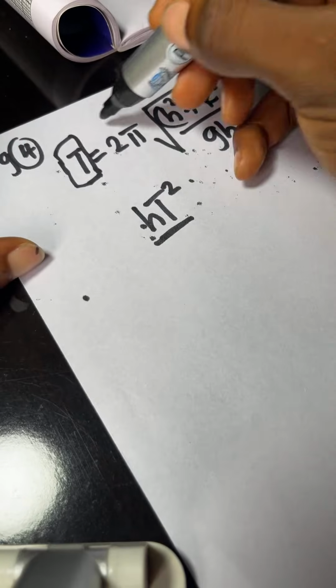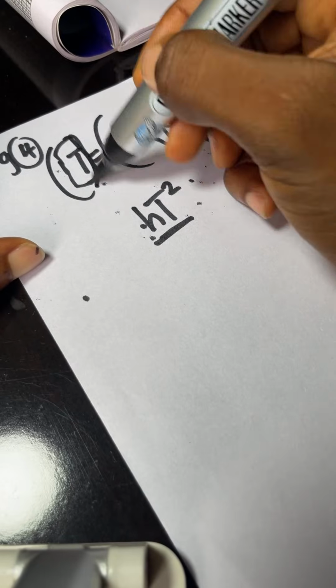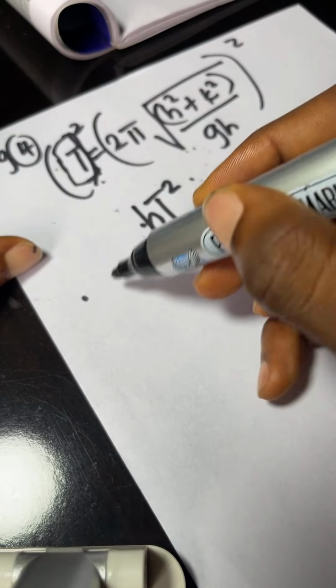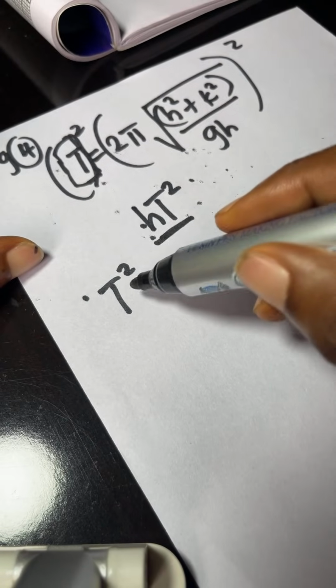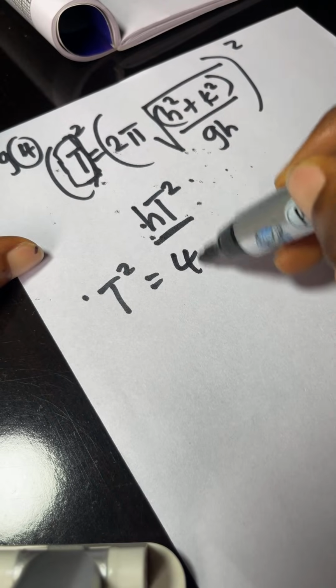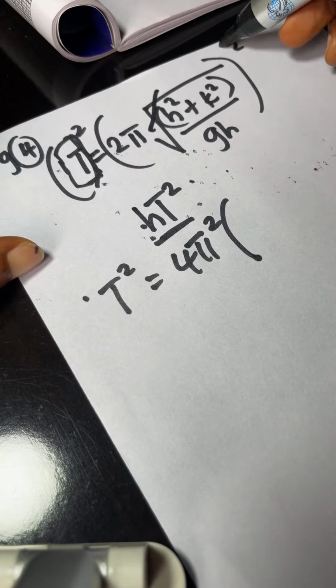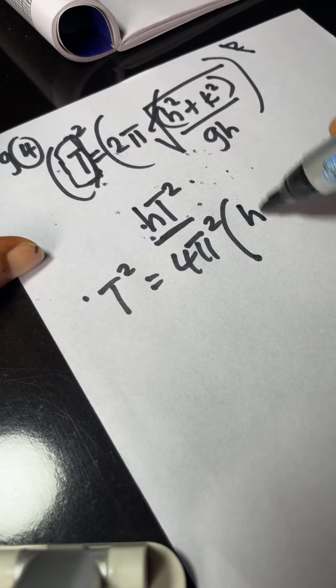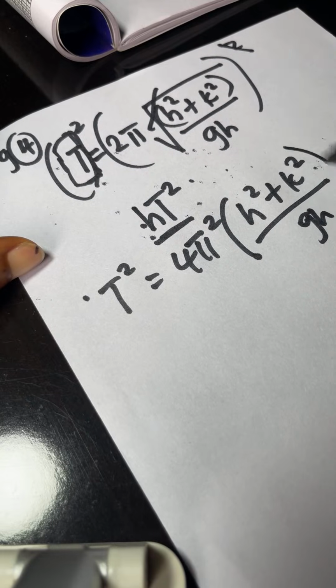The first thing you do, you square both sides. So that will remove the square root. So if I square both sides, I will have T square is equal to 4 pi square, bracket open, this will cancel this. So therefore I have h square plus k square all over GH, bracket close.